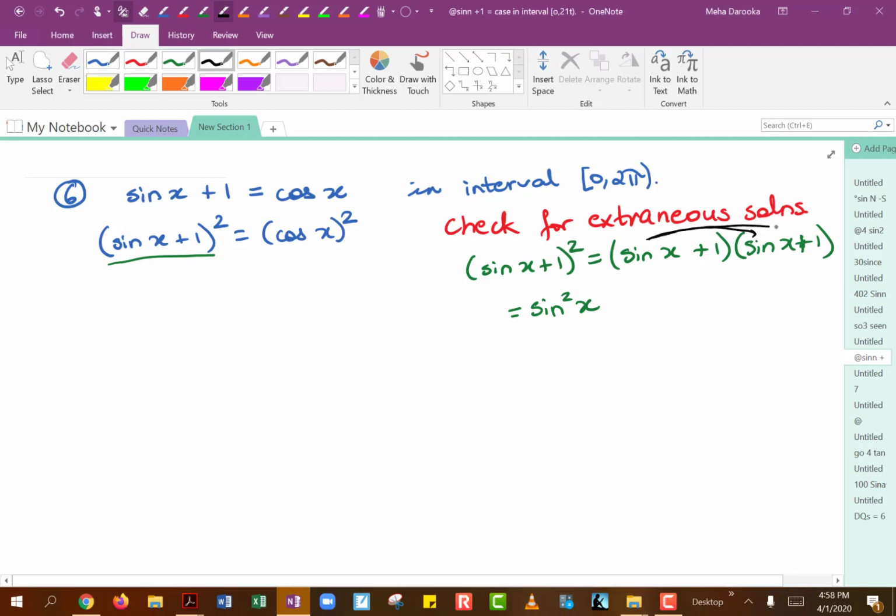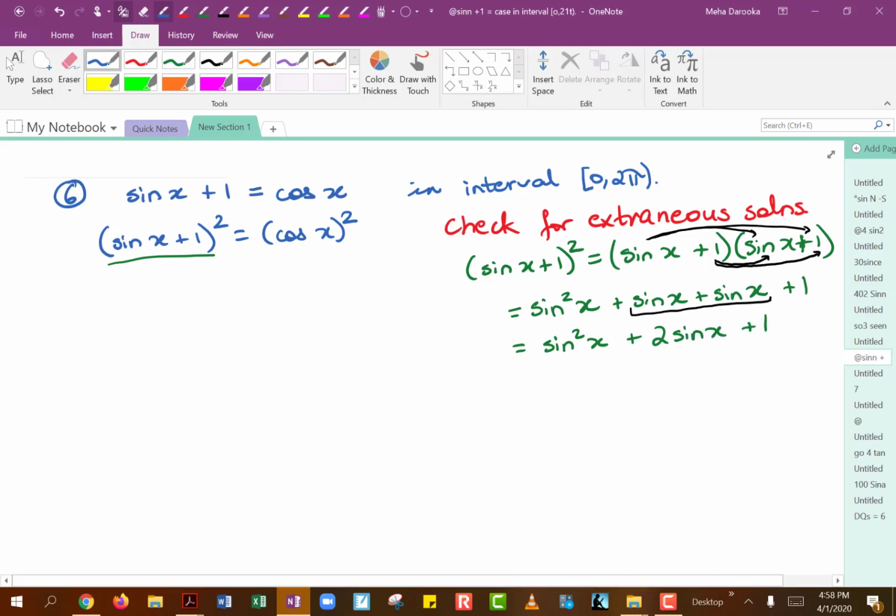Then sine of x times 1, so that's sine of x. Then 1 times sine of x, which will also give you a sine of x. And then the last one will be 1 times 1, and of course 1 times 1 is 1. So those two middle terms, you will be able to combine them together, right? So sine squared of x plus 2 sine of x plus 1.